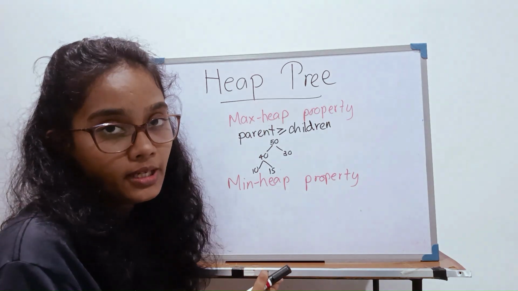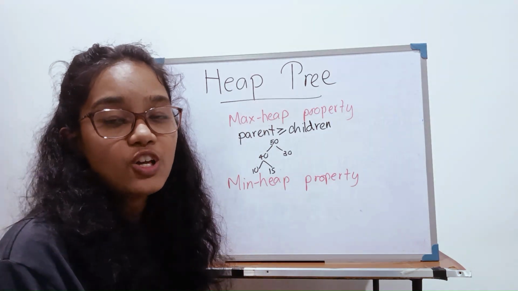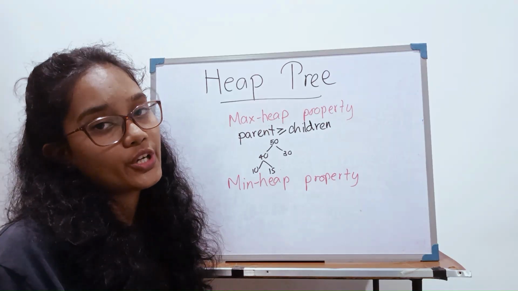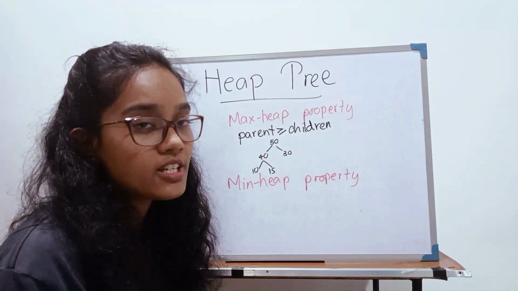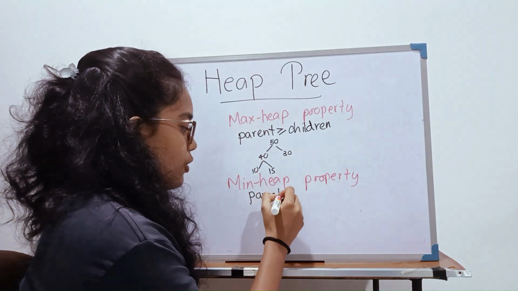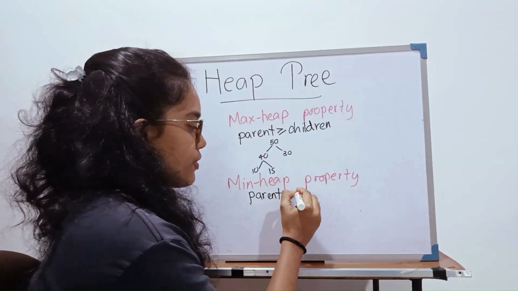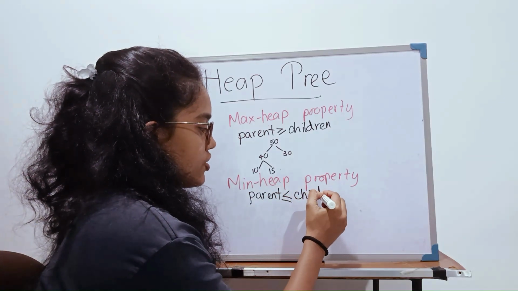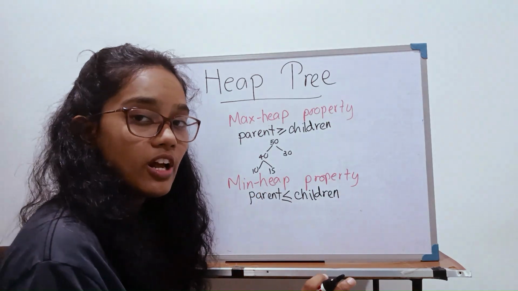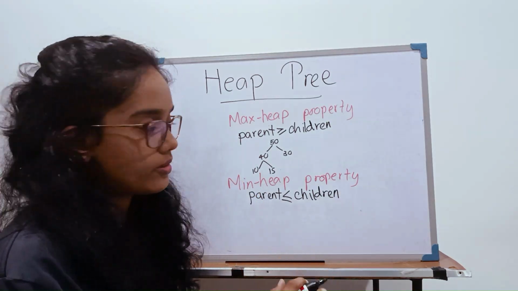So min heap property means that the value of each node must be less than or equal to its children. That means the parent is always less than or equal to its children nodes. So the minimum value is always at the root.